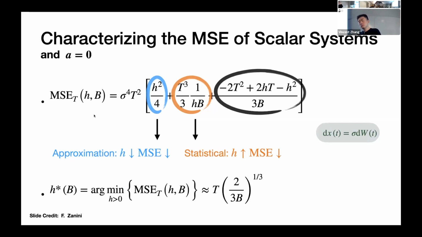We can just set the derivative of this expression to 0 and get the H star. And there we can check, okay, the optimal step size depends on the data budget in the following way. And it's nice, but we'll talk about the more implications in the experiments section.